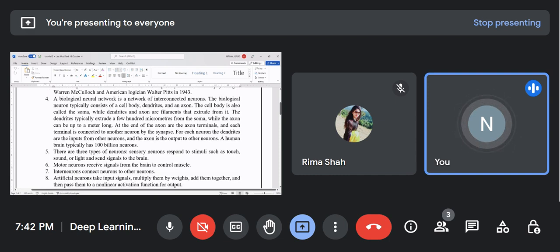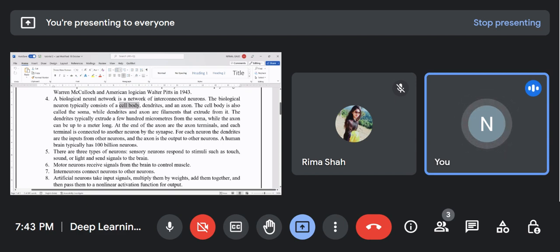For each neuron, the dendrites are the inputs. So we give the input to the biological neuron with the help of dendrites, and the axon does the task of the output. In a human brain, we typically have about 100 billion neurons. If we talk about the structure of a neuron in a human brain, it comprises a cell body, dendrites, and axon.